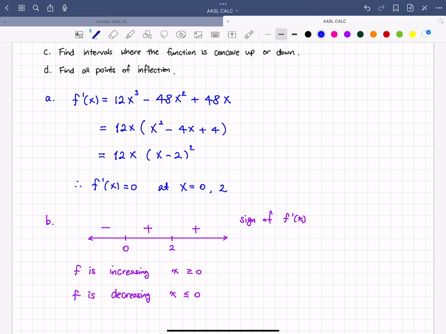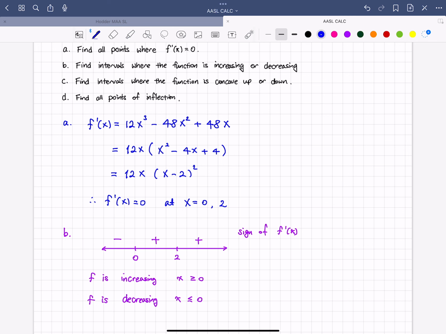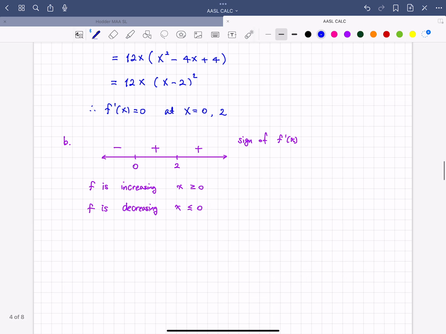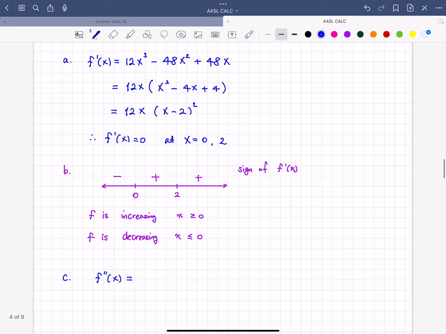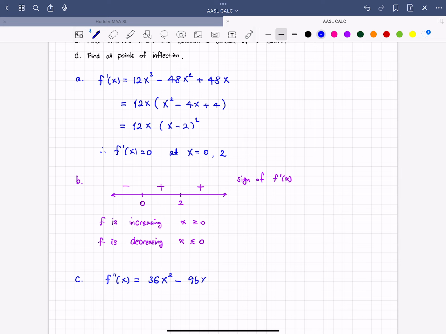All right, part C. Find intervals where the function is concave up or down. So that'll require the second derivative, right? So f double prime of x is equal to, and I'm going to look at this, 36x squared minus 96x plus 48.